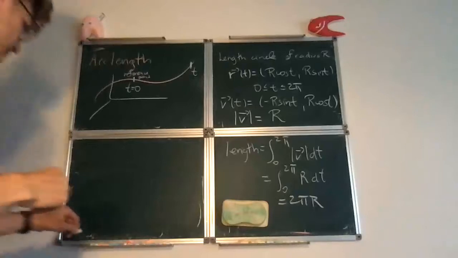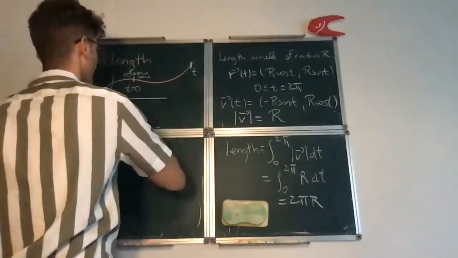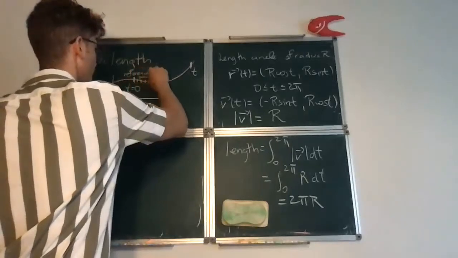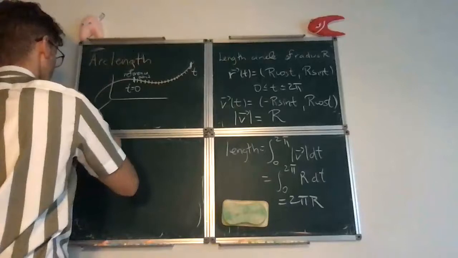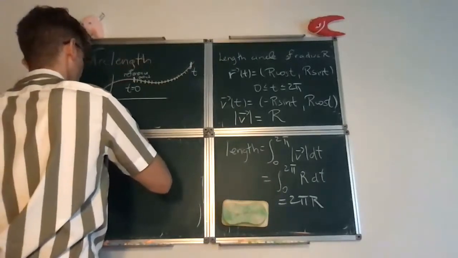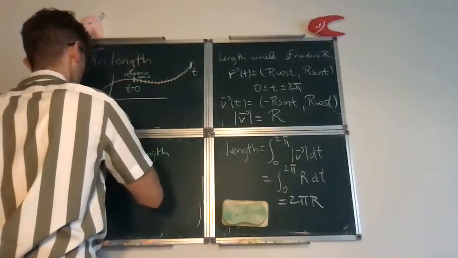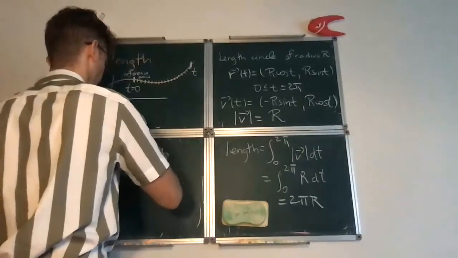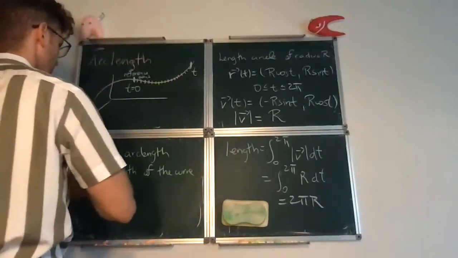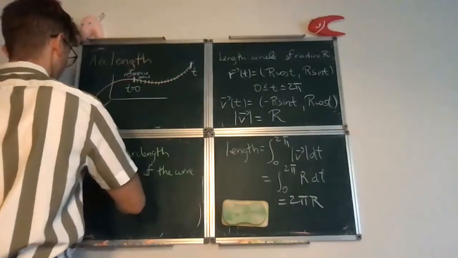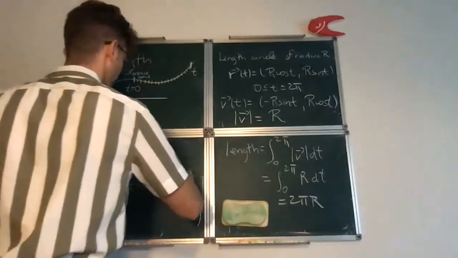Okay? And then the length of this segment now depends on t, because t is allowed to move. So s of t is called the arc length, and that's just the length of the curve from t equals 0 to an arbitrary time t.